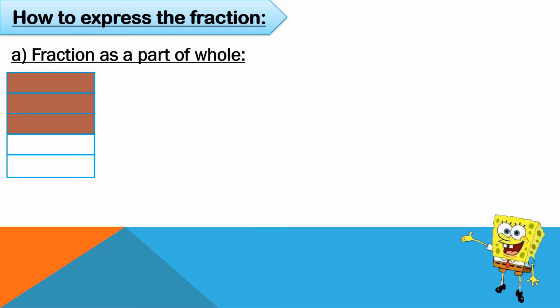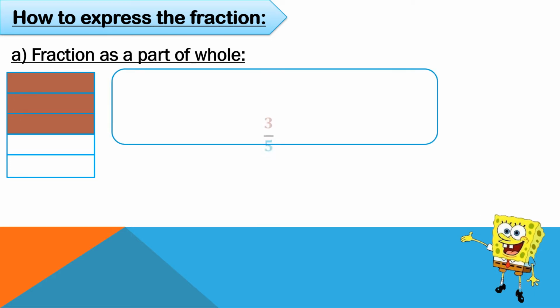So I will write my fraction like this, 3/5. How did you get 3/5? 3 here is referring to the number of colored parts. I want to know the brown parts. So how many brown parts here? 1, 2, 3. So this 3 is the number of colored parts, and it's called the numerator.